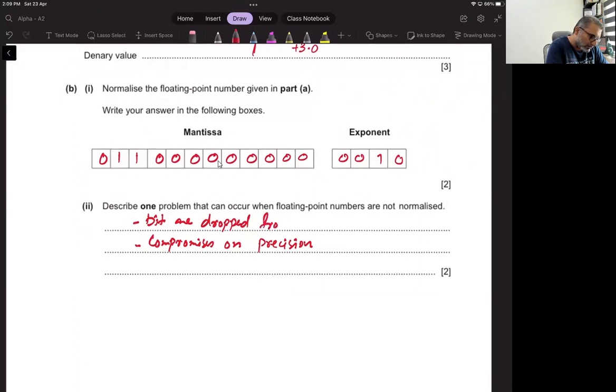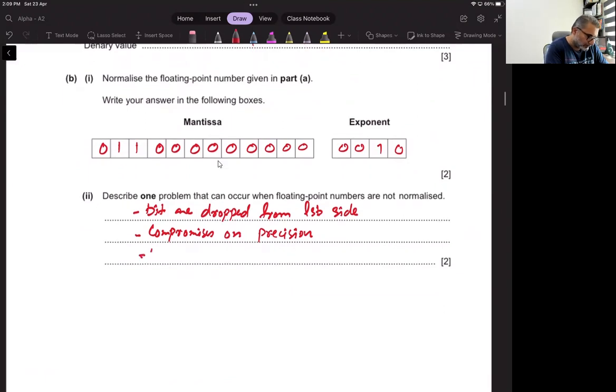Bits are dropped from the least significant bit side or the right side. The result is changed. Whenever you lose bits, the precision is disturbed. Precision is disturbed, the decimal part of the number will be changed. So the whole number will get changed.